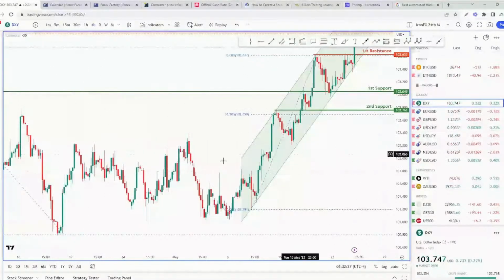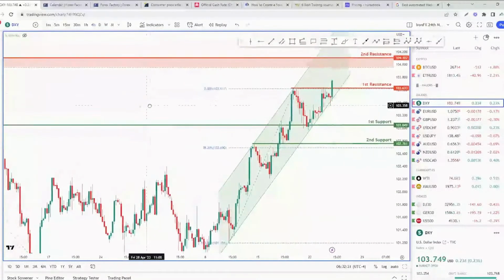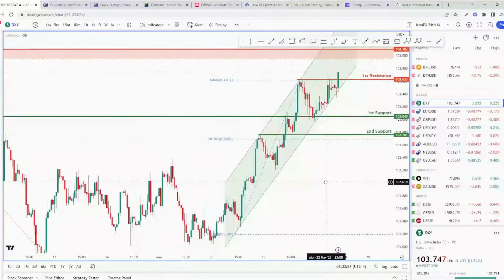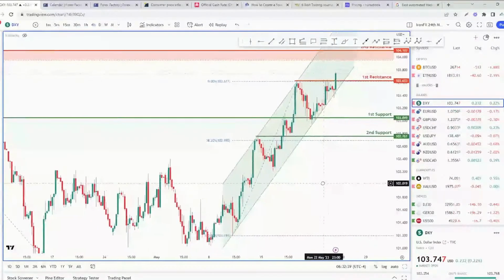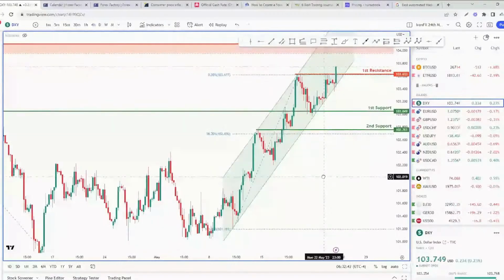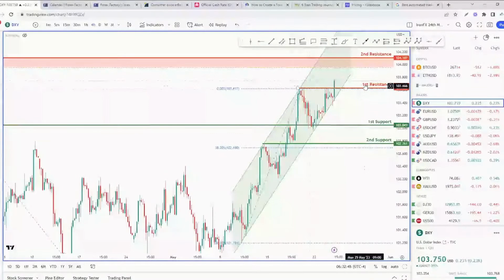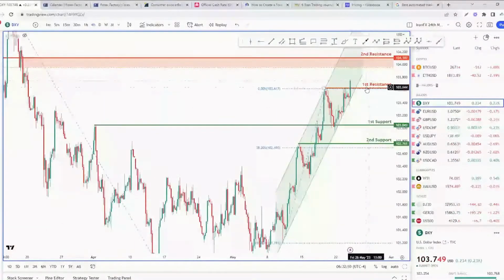Otherwise, I'm on the 4-hour chart for the dollar index, DXY. This is a dollar index that tracks the performance of the US dollar relative to all its peers. As you can see, earlier in the day we had identified the first resistance level at 103.6.